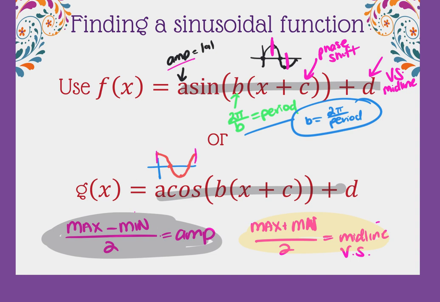The max to the max would be 1 full period, or the min to the min would be 1 full period, but the distance between the max and the min is equal to 1/2 the period. For sine, your max happens 1/4 of the way in, your minimum 3/4 of the way in. For cosine, the max happens at 0, and the minimum happens 1/2 the way in.